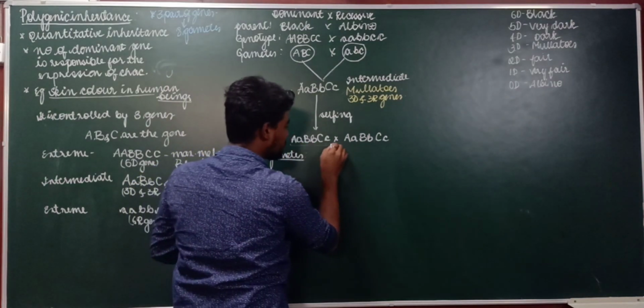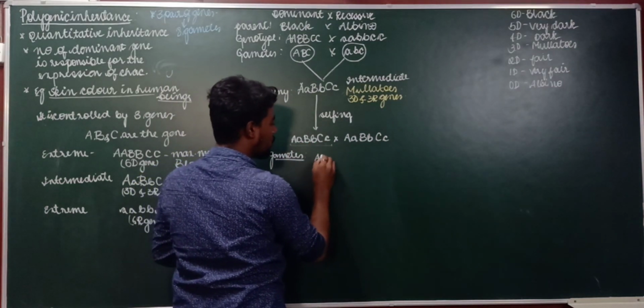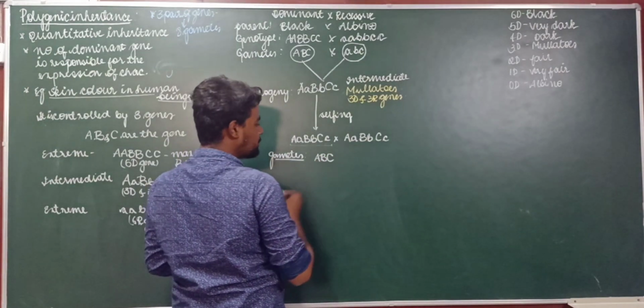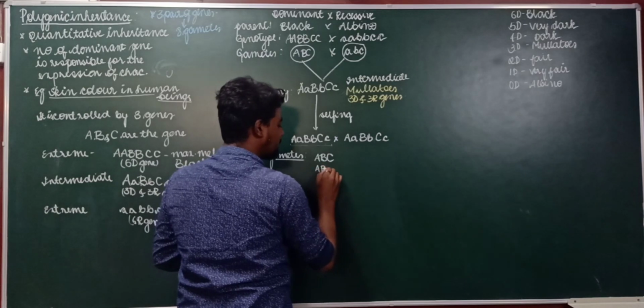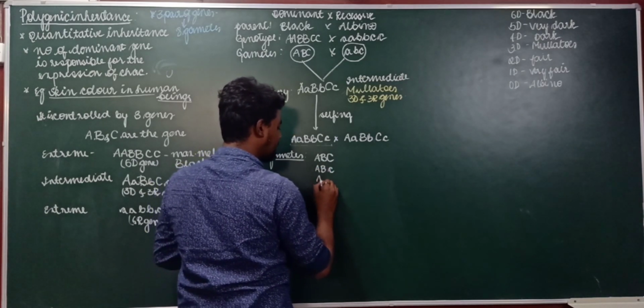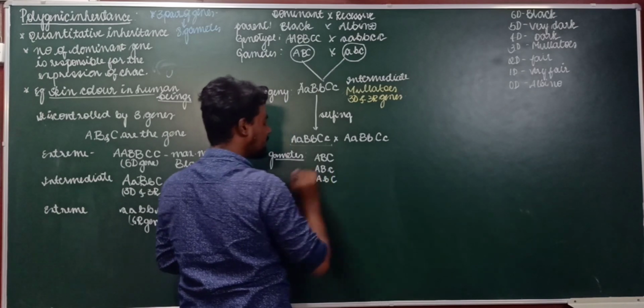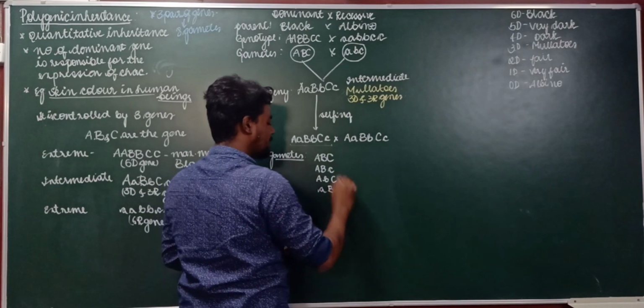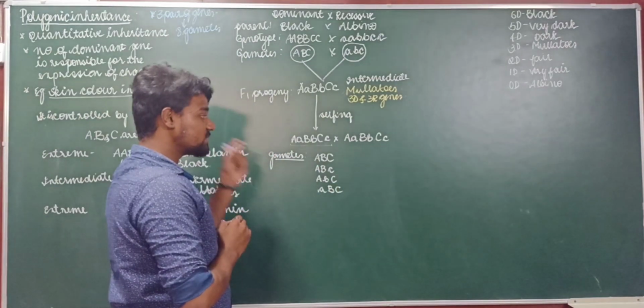How to write the gametes for this? First, you write all the dominant alleles, capital A, capital B, capital C. Next, you write capital A, capital B, and small c. Then capital A, small b, and capital C. Next, small a, capital B, and capital C. I hope it is clear now.